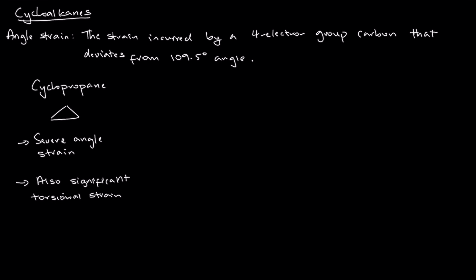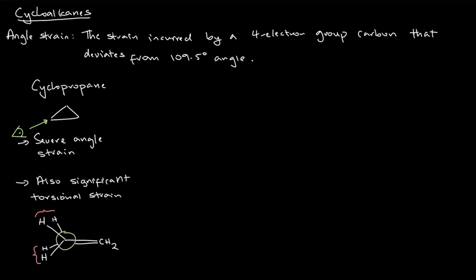There's also significant torsional strain in cyclopropane. And remember that torsional strain arises from the eclipsing of bonds. For example, if we look down the Newman projection down that bond as indicated, the Newman projection is going to look like this, where two pairs of CH bonds are going to eclipse each other.